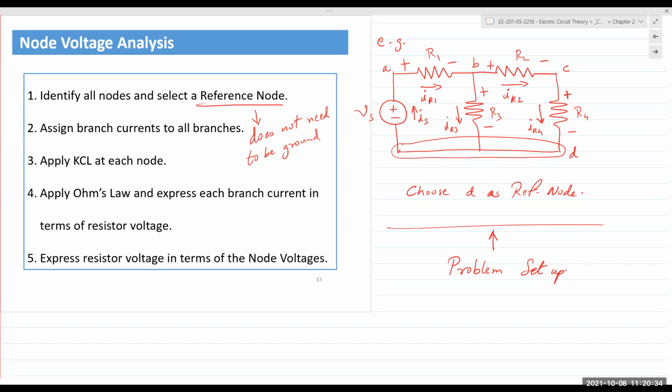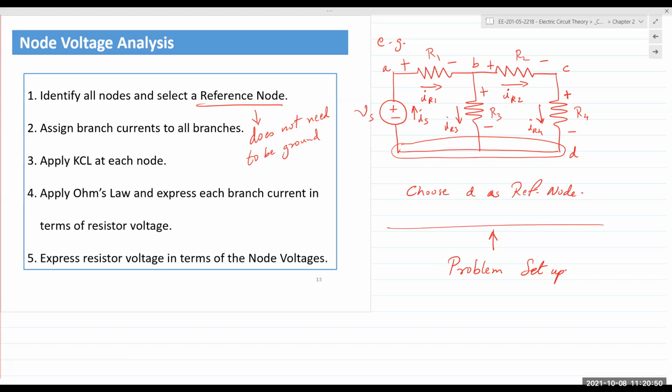What do they mean? All they are showing is the difference in the node voltages across the resistor, right?